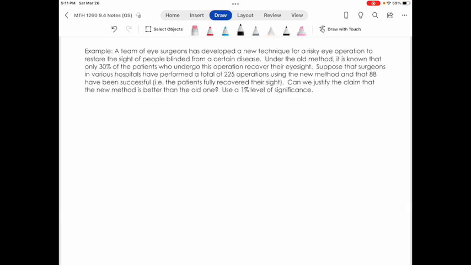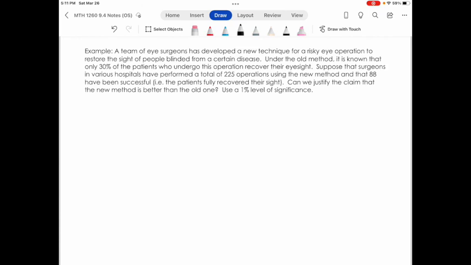In this example, it says a team of eye surgeons has developed a new technique for a risky eye operation to restore the sight of people blinded from a certain disease. Under the old method, it is known that only 30% of the patients who undergo this operation recover their eyesight.